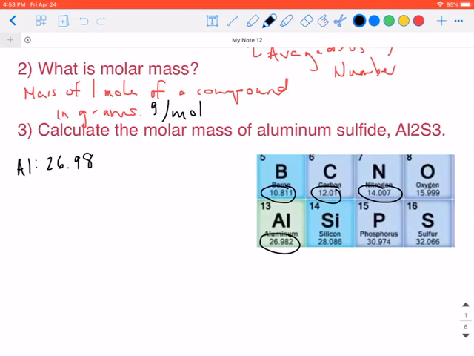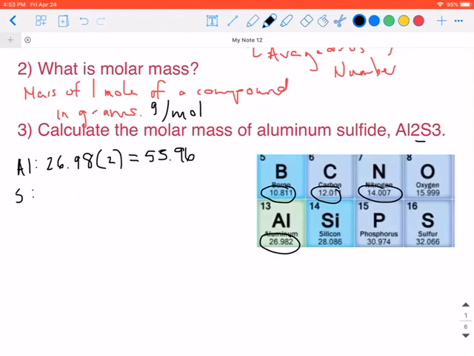And you can see in the formula here, I have 2 of them, so I need to multiply that by 2. When I do that, I get 53.96.